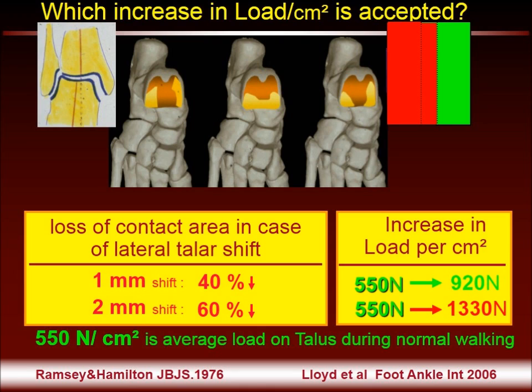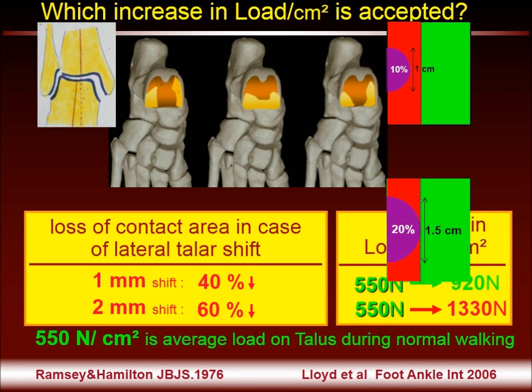So 2 millimeter of displacement is an indication for fixation, because only 40% of the weight-bearing area is kept. However, if you have 1 millimeter displacement, you have 40% less contact area, so 60% contact area remains, and that's not an indication for surgery. So probably this 60% is the margin in which we can still expect normal weight bearing without degenerative changes.